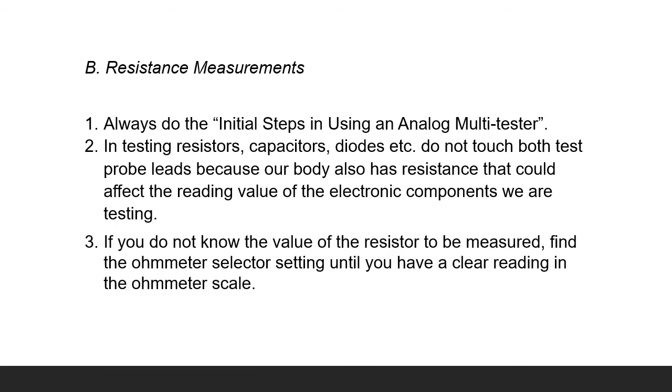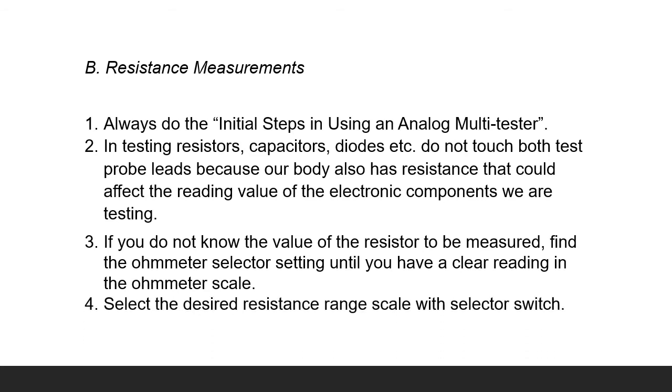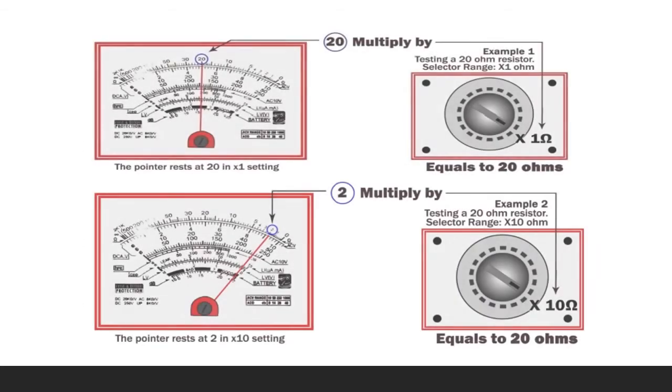If you do not know the value of the resistor to be measured, adjust the ohmmeter selector setting until you have a clear reading in the ohmmeter scale. Select the desired resistance range scale with the selector switch. Here, the pointer rests at 20 in the setting.